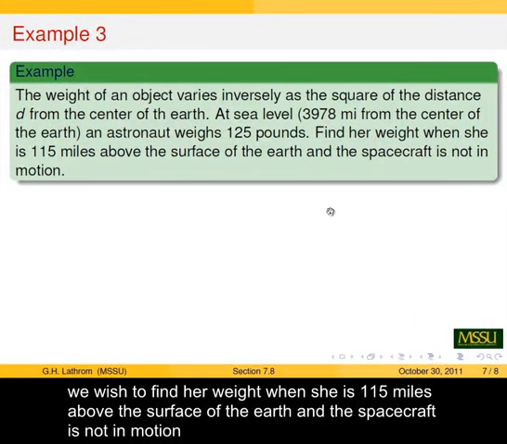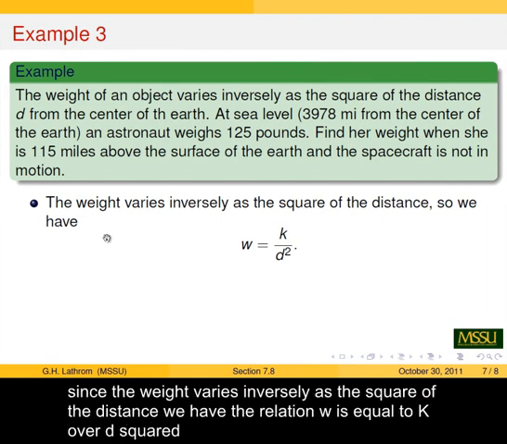is not in motion. Since the weight varies inversely as the square of the distance, we have the relation W is equal to K over D squared.